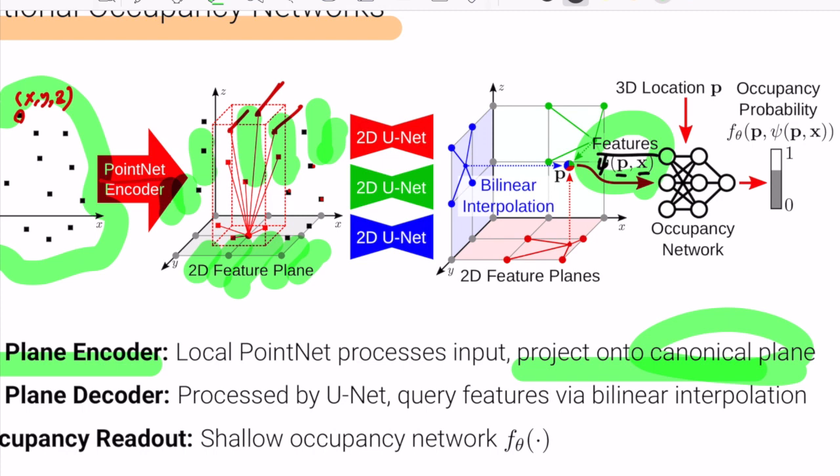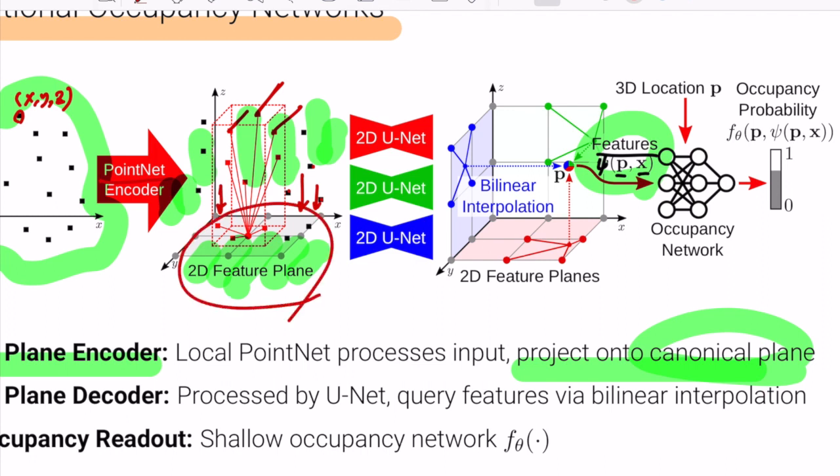So for example, for the xy plane, such point cloud information is projected to this 2D feature plane. Then from now on, this is going to be the 2D feature map.